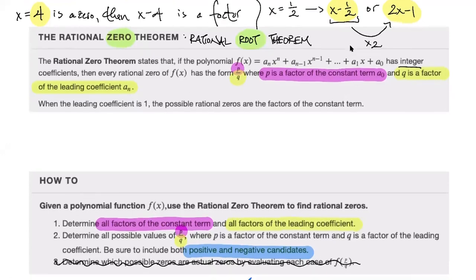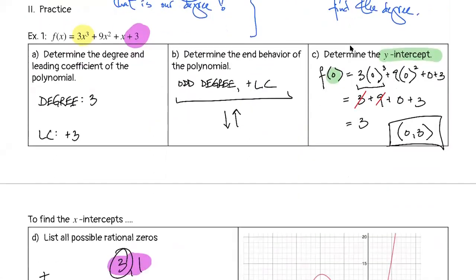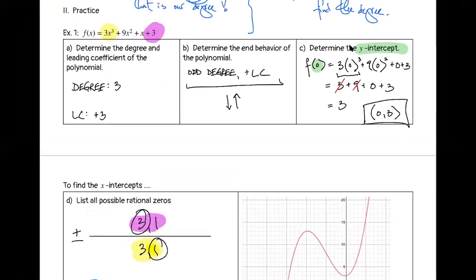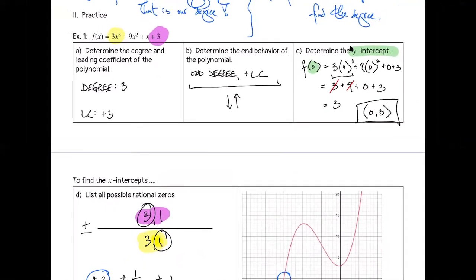If we go back to this particular problem, the constant is the purple 3 at the end. So those factors are 1 and 3. And then the factors of the yellow 3 in the beginning are, yeah, I know they're both 3, also 3 and 1.